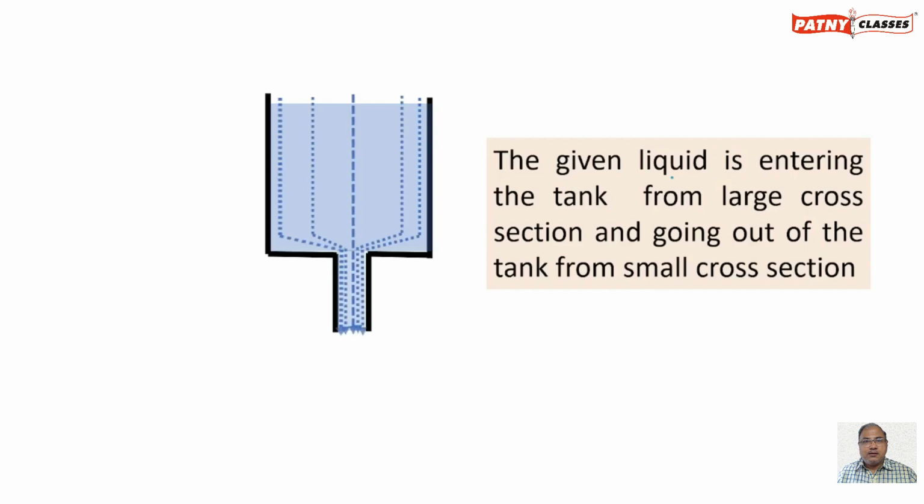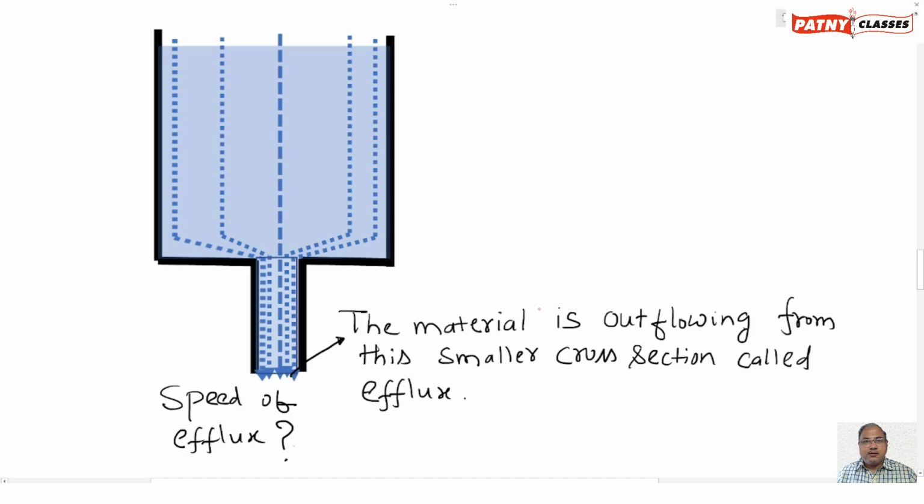The given liquid is entering the tank from the large cross section and going out of the tank from the small cross section. The liquid is outflowing from this smaller cross section.